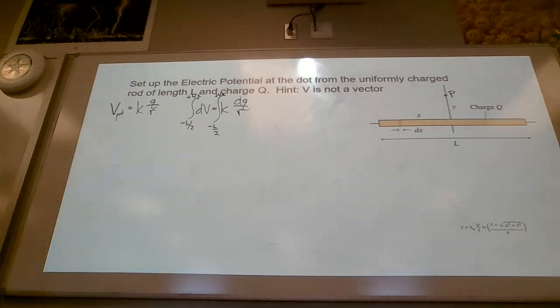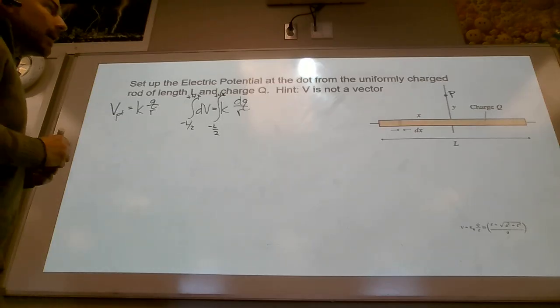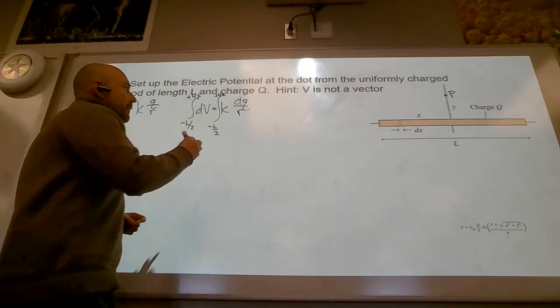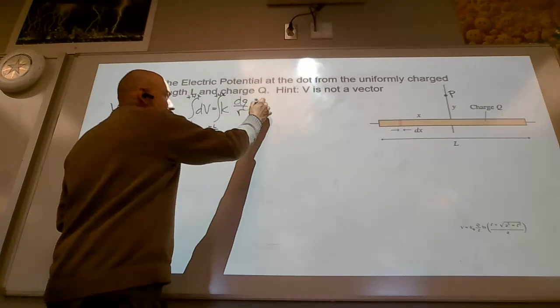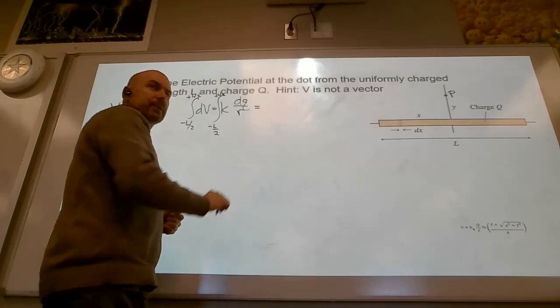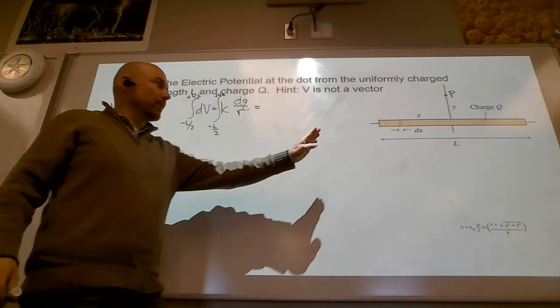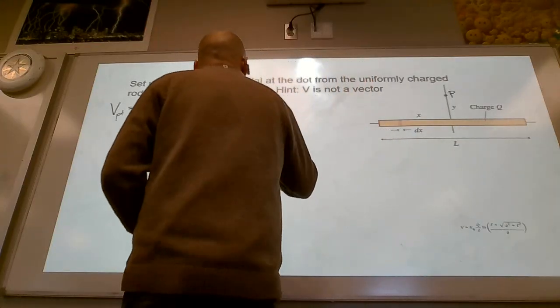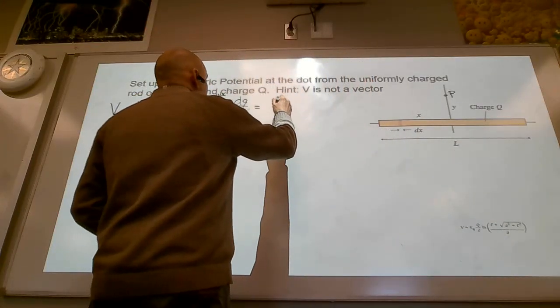Okay, do you see my train of logic? That is not the answer, but this is how I'm going to get to the answer. I can pull out anything that's constant. Is R constant as I go down this way? No, I can't pull that out. So I have this problem.